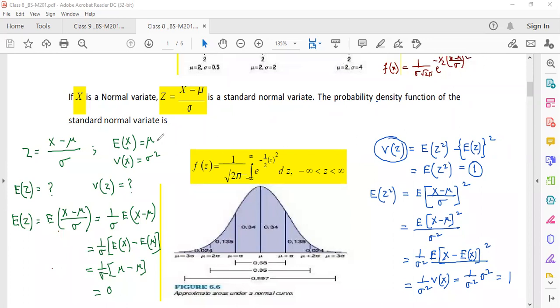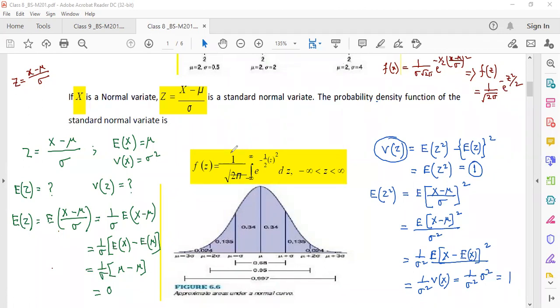Now, since we have considered z equal to (x minus mu) by sigma, so small z will be equal to (small x minus mu) by sigma. And consequently, this will imply that f(z) will be equal to 1 by root 2 pi, because sigma will not be there, because in terms of z, sigma equals 1, because V(z) is equal to 1, e to the power minus z square by 2. And that has been written over here. Therefore, the expression looks like this.